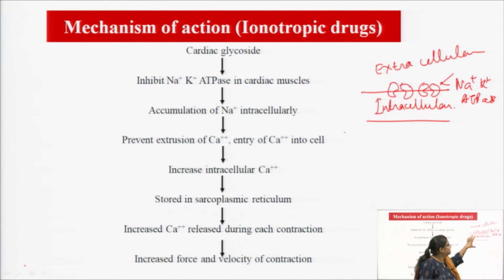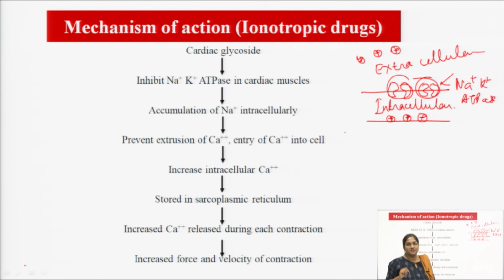What will happen when Na-K ATPase gets inhibited? There are some ions here, and at the same time some ions are here. What will happen if these get closed? The intracellular ions which are already present inside the cell will stay here, whereas the extracellular ions which were present outside will stay outside.